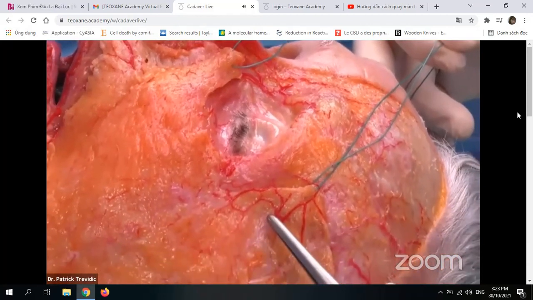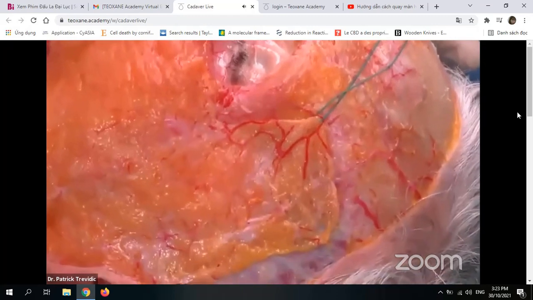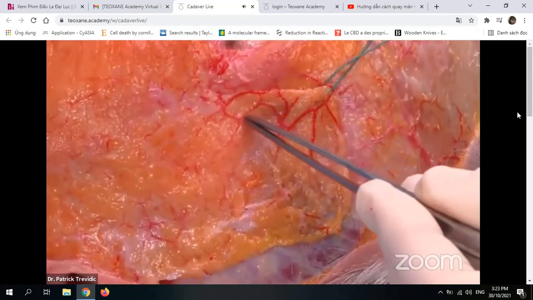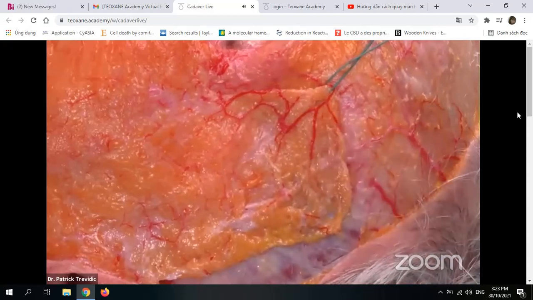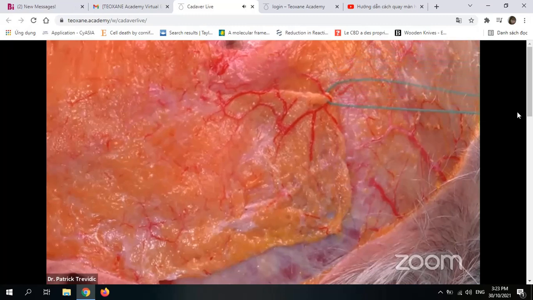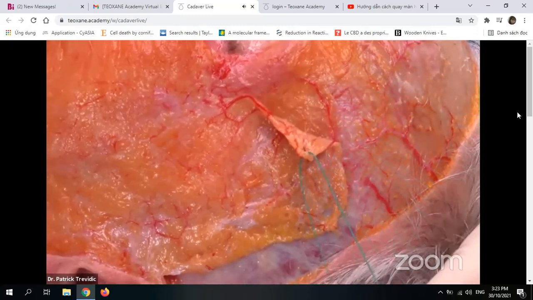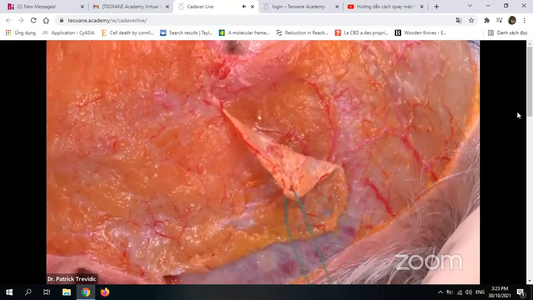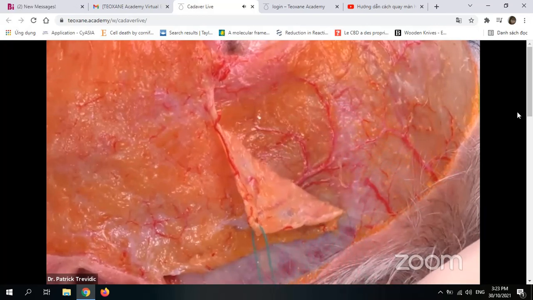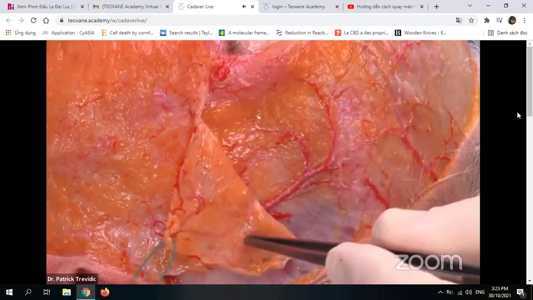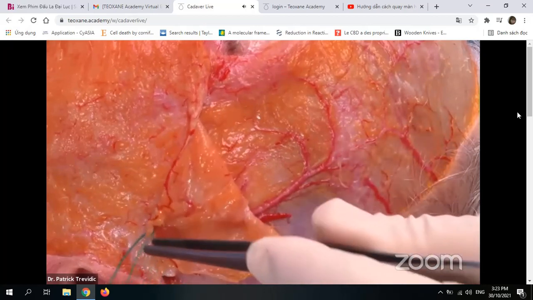and we zoom on the temple, you can see another danger here, that is the branches of the temporalis artery. And if I lift a little bit the fat in this area, you will see just under the thin layers of fat above the fascia here, the arteria temporalis superficialis.